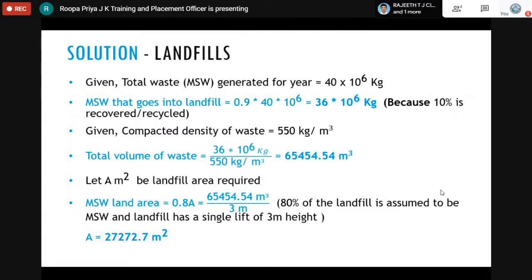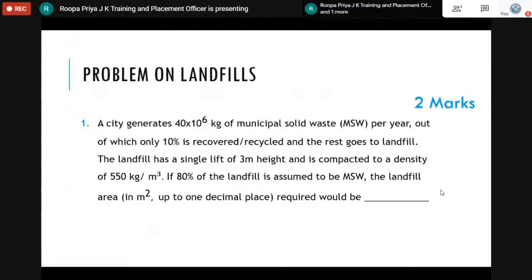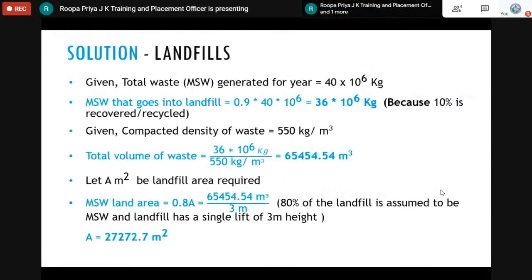Now, because we have to calculate the area of the landfill in meter square, the simple calculation here is, we have in the question, 80% of the landfill is assumed to be municipal solid waste. And now we have to find out what should be the area of the landfill in meter square. So the municipal solid waste land area will be equal to 80% of the area.